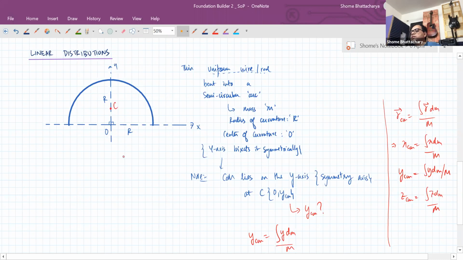Here we know that the center of mass lies on the y-axis. The x coordinate is already 0, and the whole shape is itself in the xy plane, so there's no question of any z coordinate; the z coordinate is also 0. So we just have to find the y coordinate of the center of mass, YCM. To find this, we make use of the fact that dm is a lambda dl type of element, a linear element.